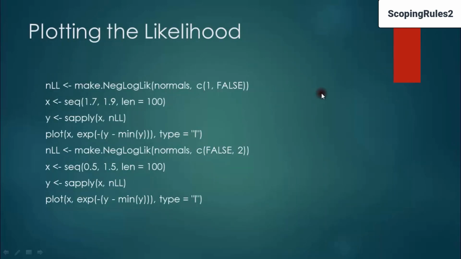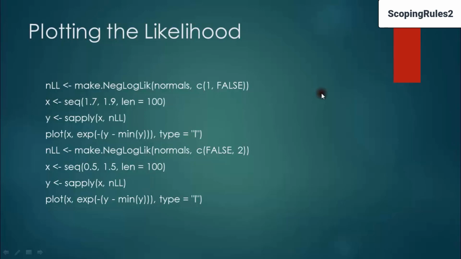So how do you plot this likelihood? I'll give a small example here. You have the nll variable here, make.NegLogLik of normals comma c(1, FALSE), and we have a variable called x, which will be used for plotting, where we have a sequence 1.7 to 1.9 with length equal to 100, and y equal to sapply of x comma nll.